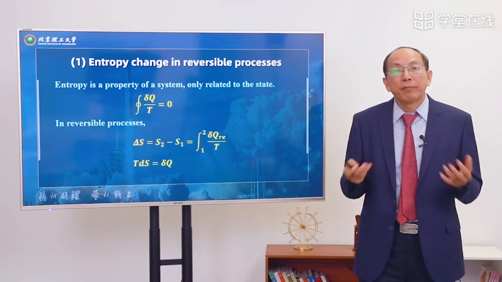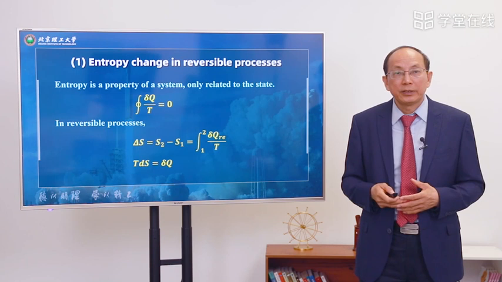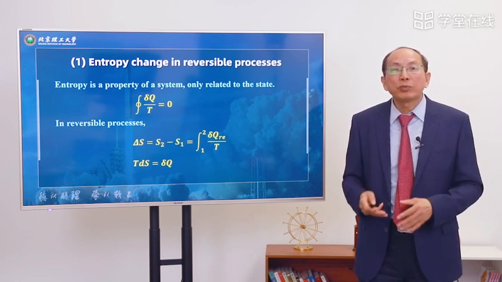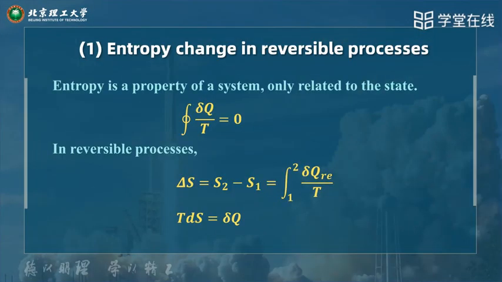Okay, we give some discussion about that. 1. Entropy change in reversible processes. Entropy is a property of a system. Please always remember, property. S is a property, or to say entropy is a state parameter, only related to the state.